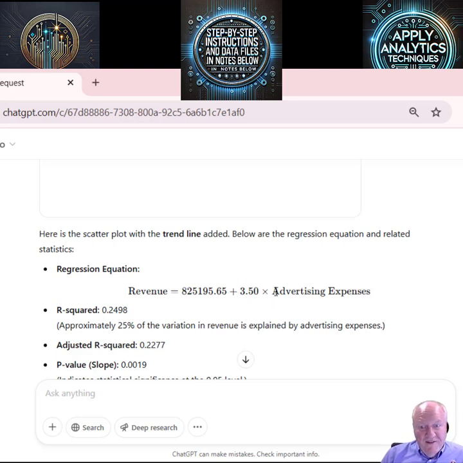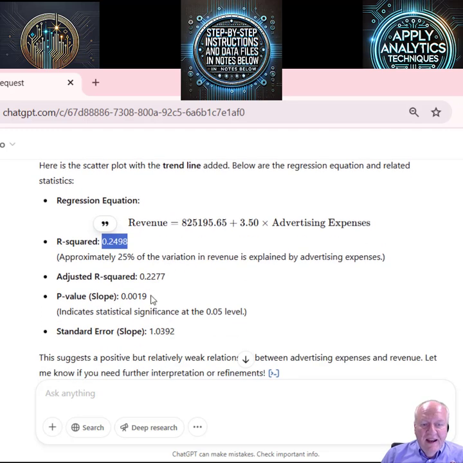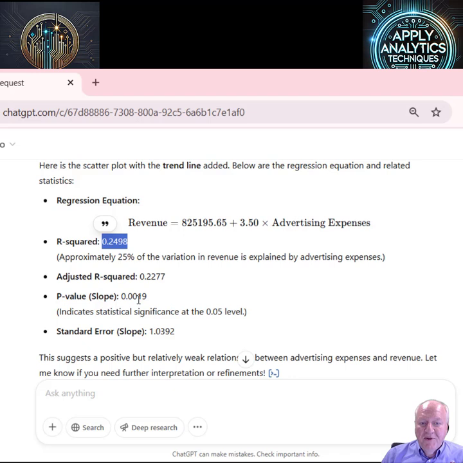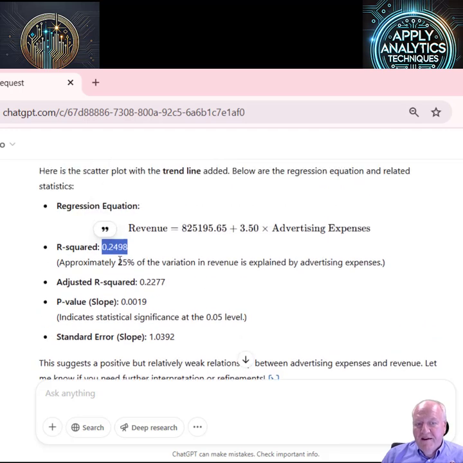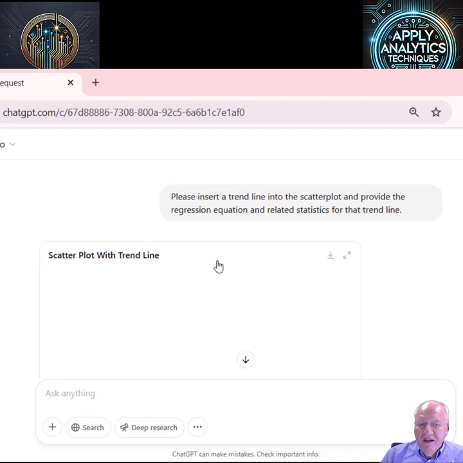And so each dollar of advertising expense turns into revenue with a y-intercept of about 825, and I believe this is all in $1 million. The adjusted R-square is okay. The model is significant, and it looks like we'd be able to use that. So it suggests a positive but relatively weak relationship. Weak because this R-square or adjusted R-square is quite low.